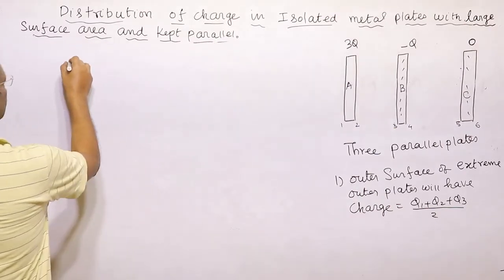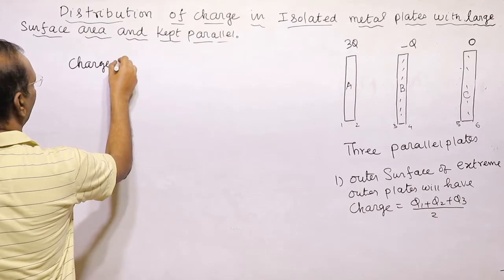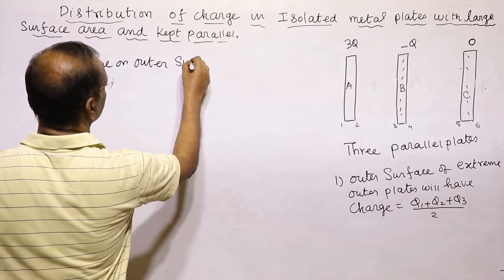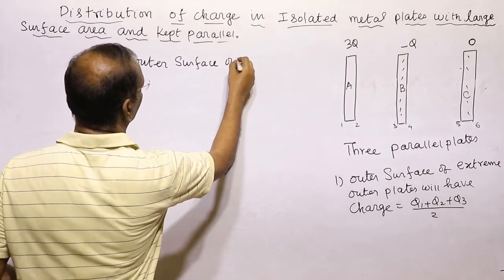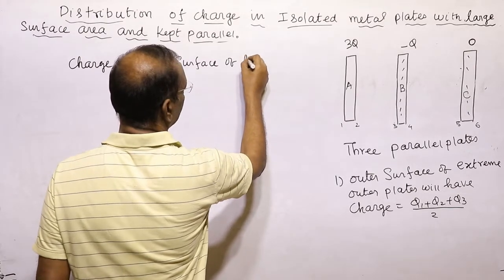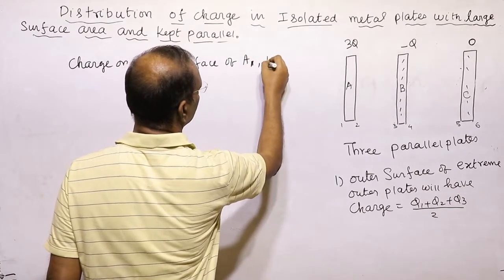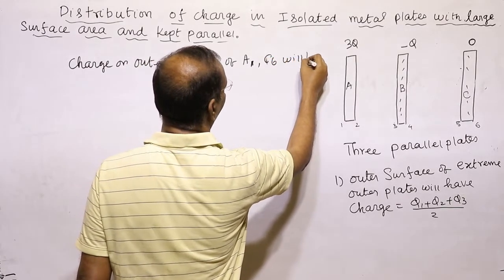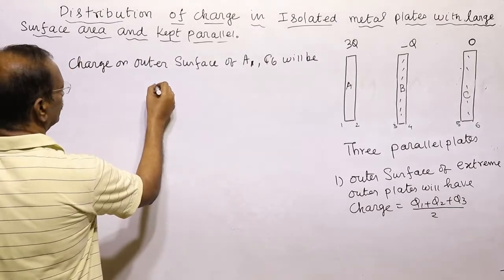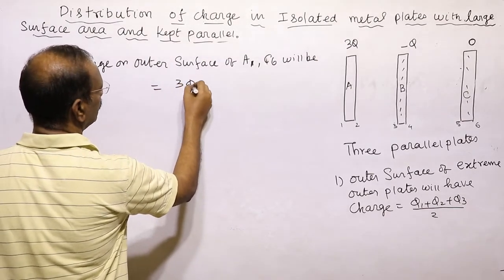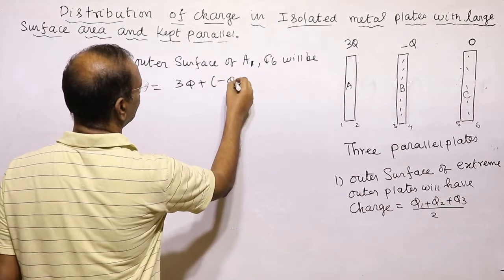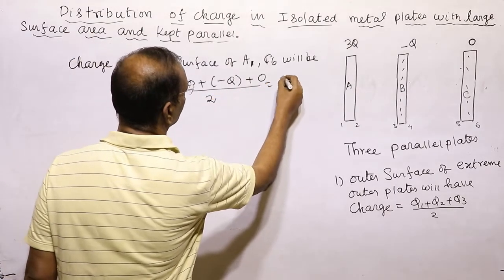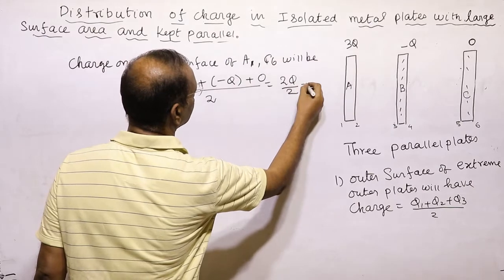So the charge on the outer surface of the extreme plates, plate A side 1 and plate C side 6, will be the summation of 3q plus minus q plus 0 charge on the plate C, divided by 2, which is equal to 2q divided by 2, equal to q.